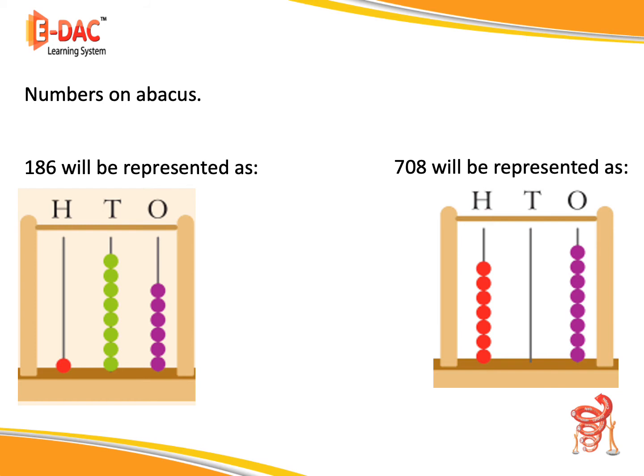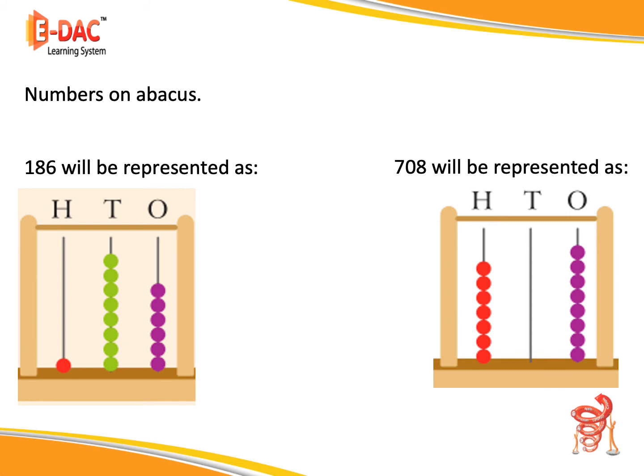In another example, let's take a new 3-digit number which is 708. Here, since at hundreds place the digit present is 7, therefore in the hundreds spike the number of beads will also be 7.